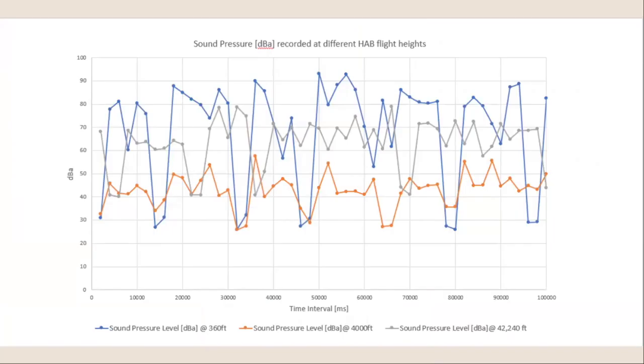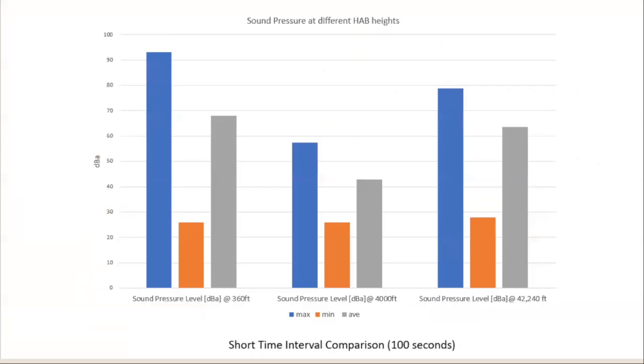Here are some more graphs showing some of the data that was collected, like our sound pressure levels at each of the heights, 360, 4,000, and 42,000 feet. And again, here was the average, the minimum and the maximum of sound pressure at the different heights.